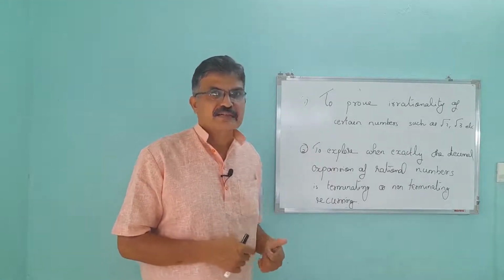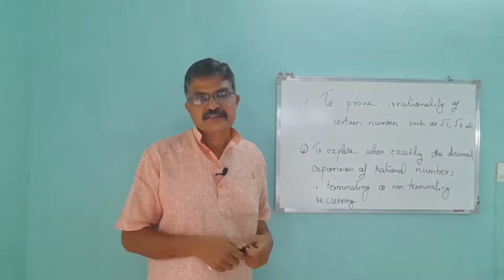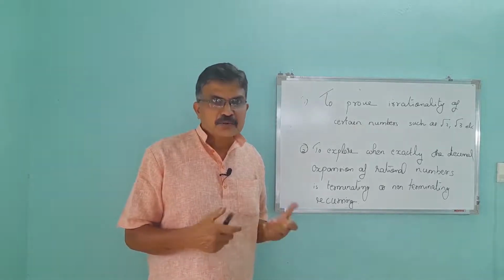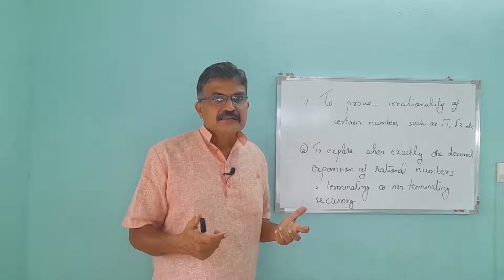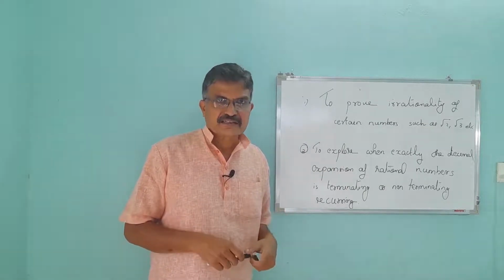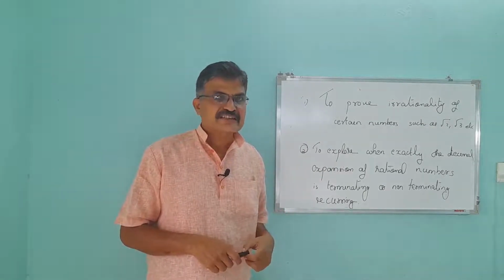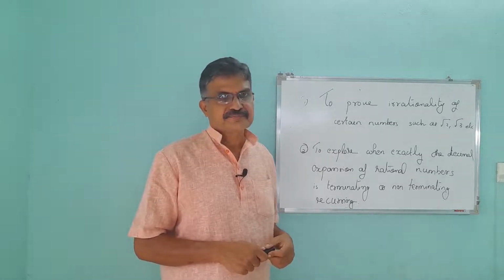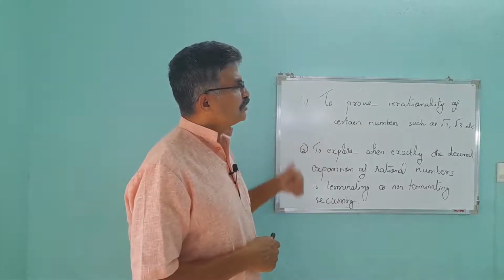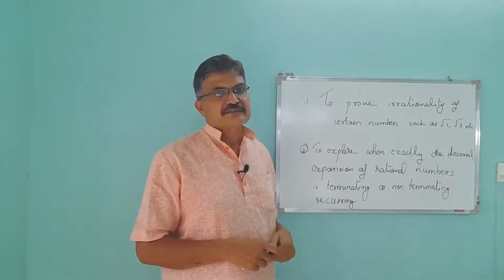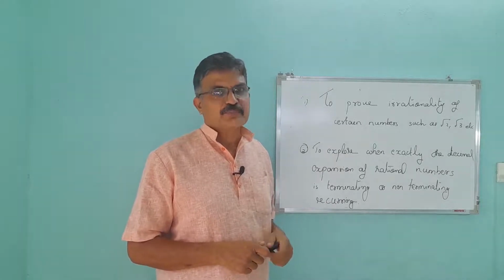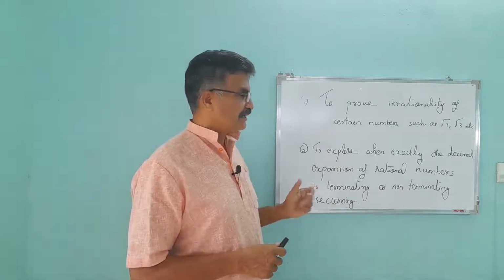Here the fundamental theorem of arithmetic is used to explore when the decimal expansion is recurring and when it is terminating. So these two concepts are proved with the help of the fundamental theorem of arithmetic.